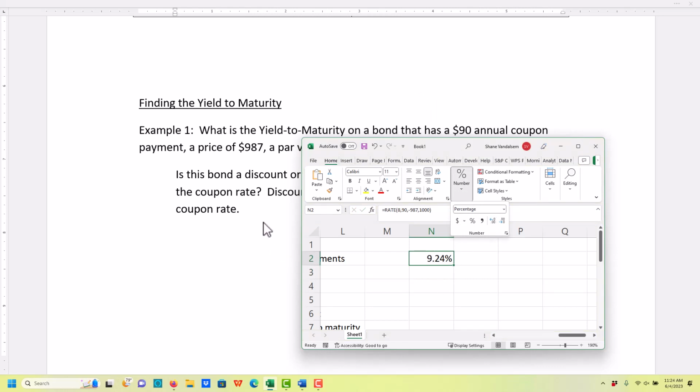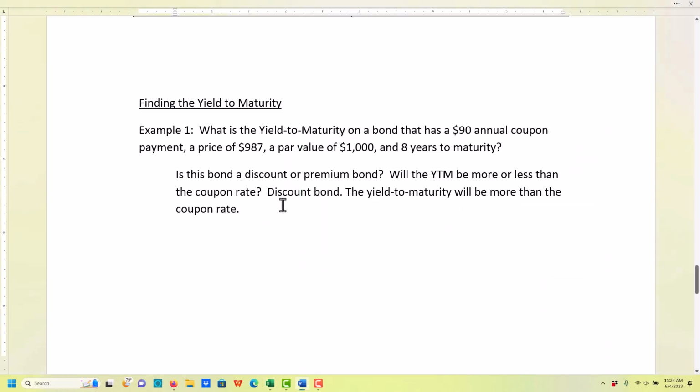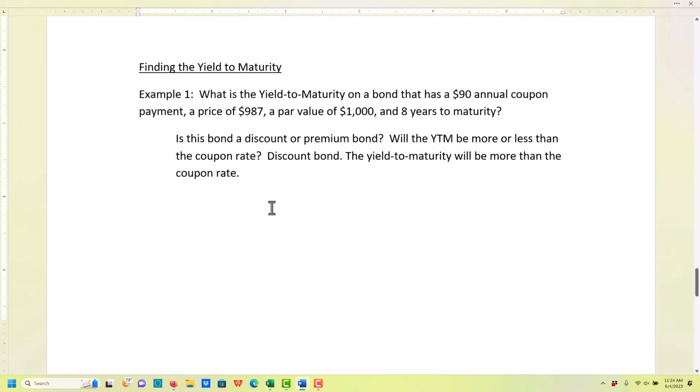So that is the yield to maturity on this bond. It is greater than my 9% coupon rate.